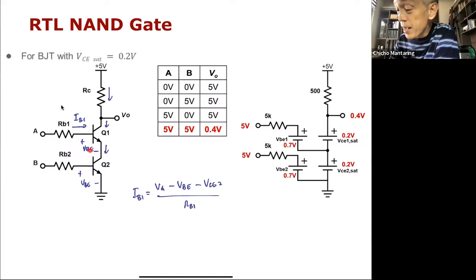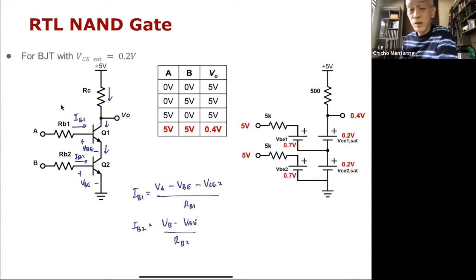Whereas my IB2 will just be VB minus VBE over RB2. So my formula for IB1 is different from my formula for IB2. So if I had to compute for the minimum value of VA, it will be different from the minimum value of VB.